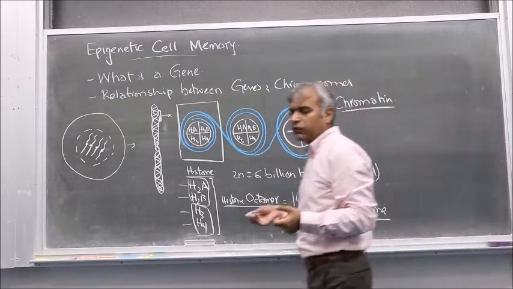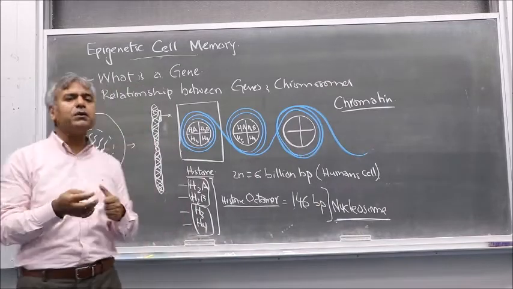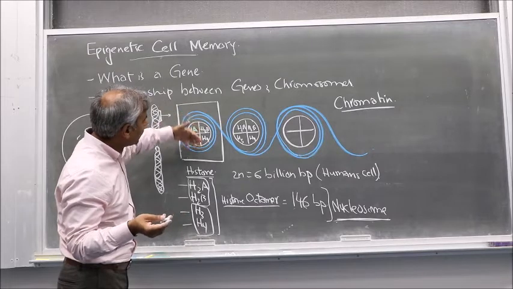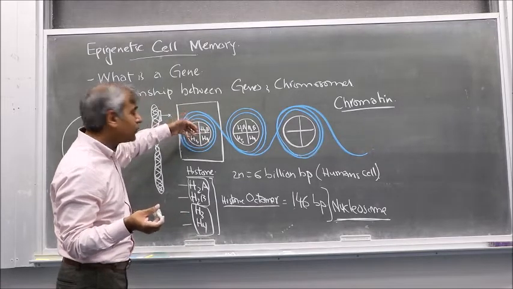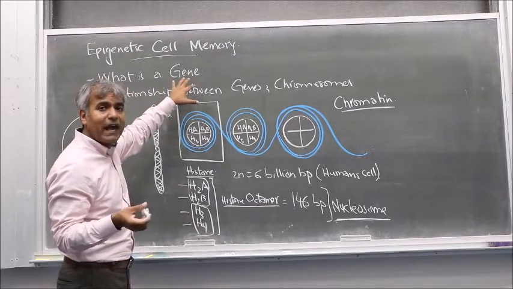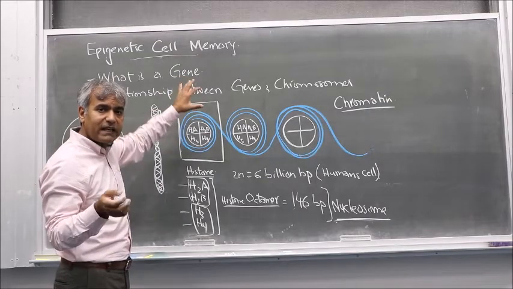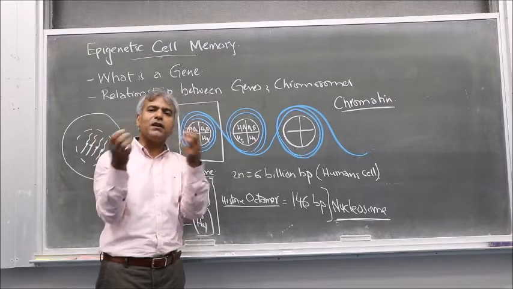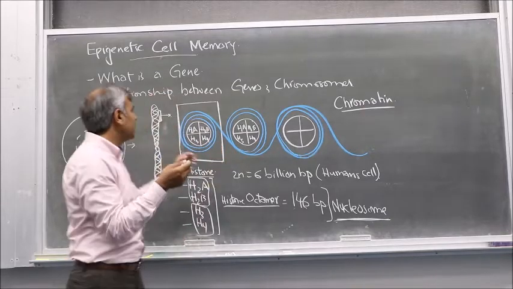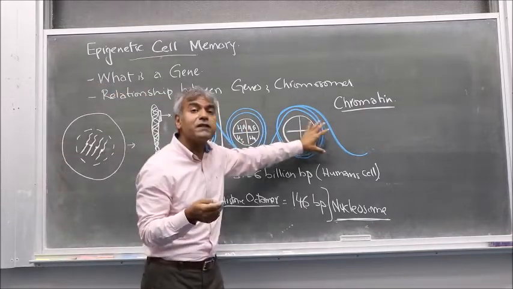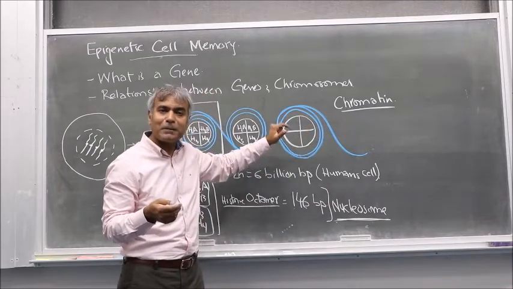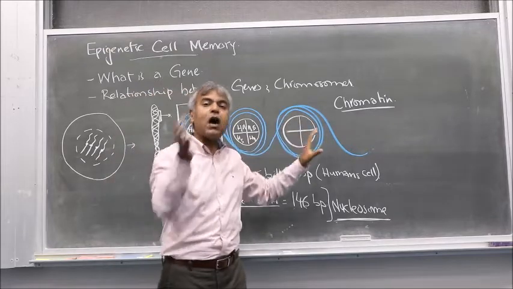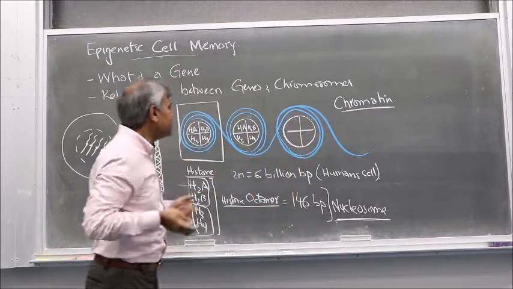And now we go into the two different components of this chromatin to further understand what a gene actually is. I said first I'm going to explain the relationship between genes and chromosomes, and we have been understanding the packaging of DNA, and now we are going to understand the gene.